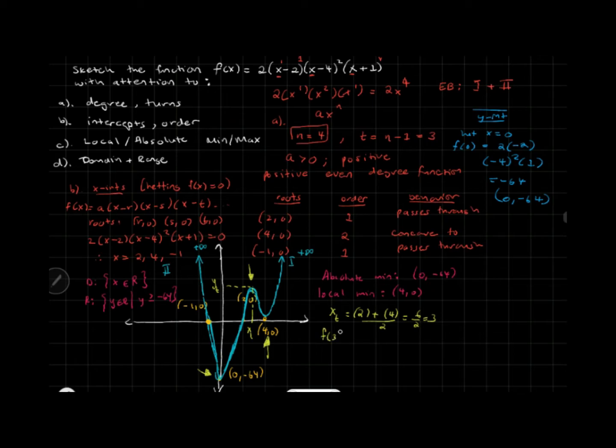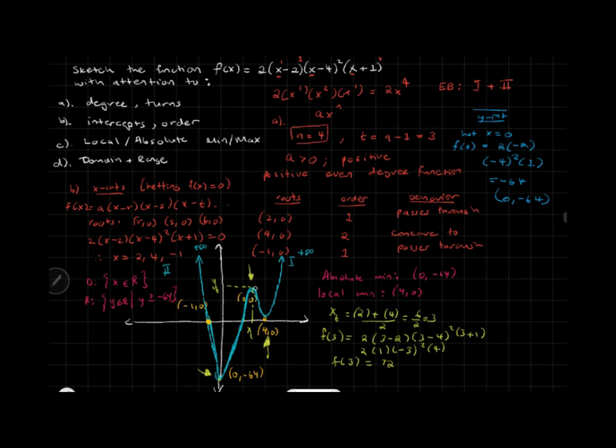And then you just do f of 3. So you do 2 times 3 minus 2, 3 minus 4 squared, 3 plus 1, and then you get 2 times 1 times -3 squared times 4, which is 9 times 4 is 36, times 2 is 72. Okay, so f of 3 is 72.